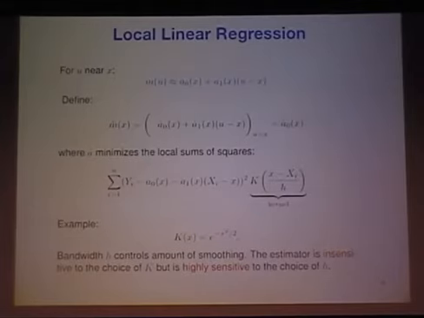The basic technique I'm going to use is local linear regression. So we assume that we can expand the function in a linear approximation, and then we estimate those coefficients locally. So we make a local linear approximation to the function, and we do that by estimating a weighted least squares problem.